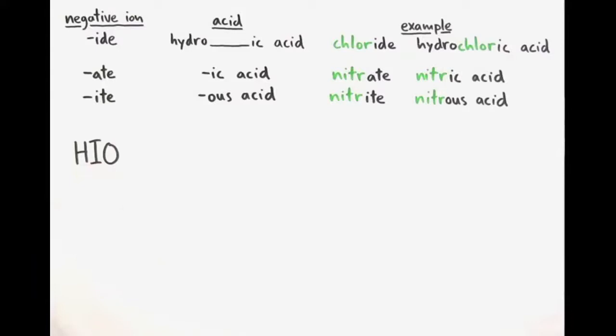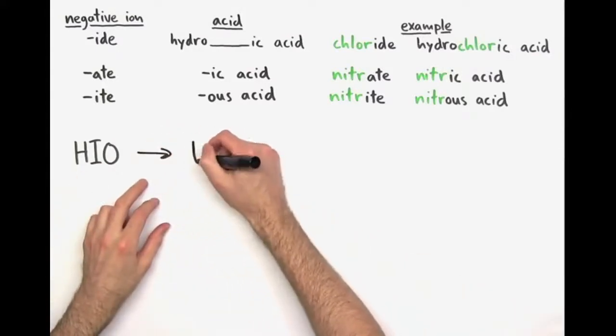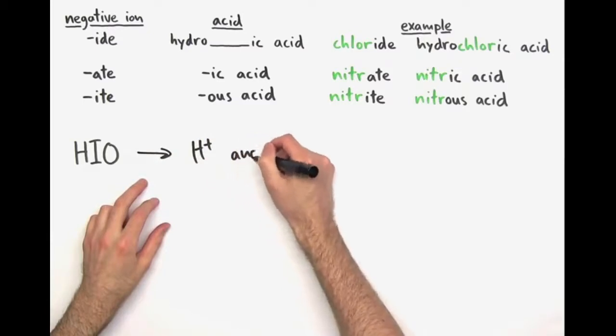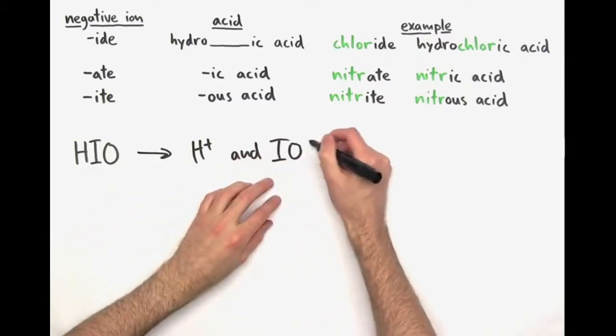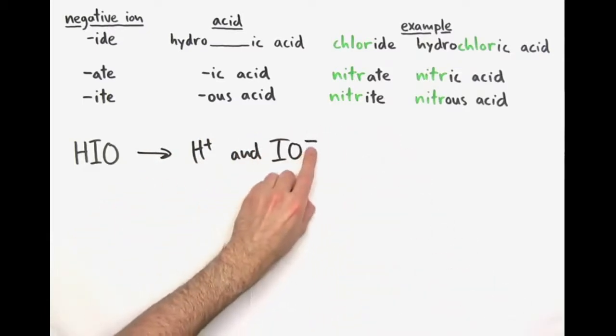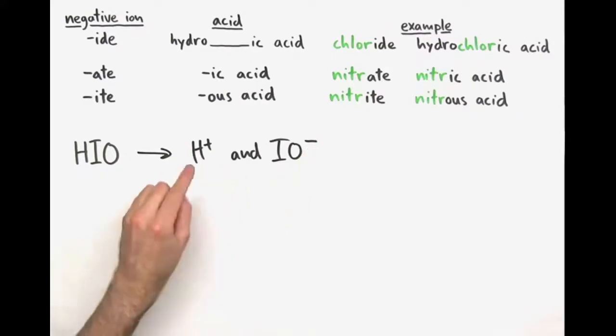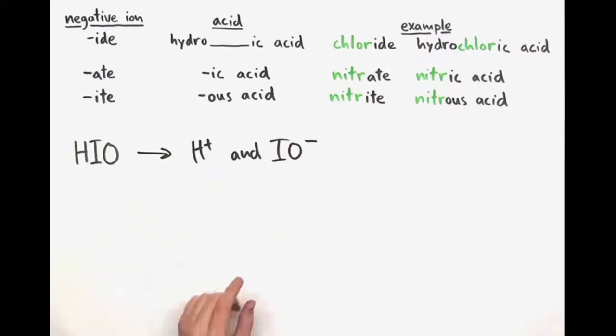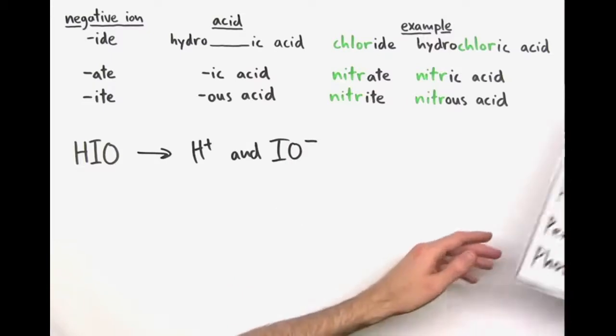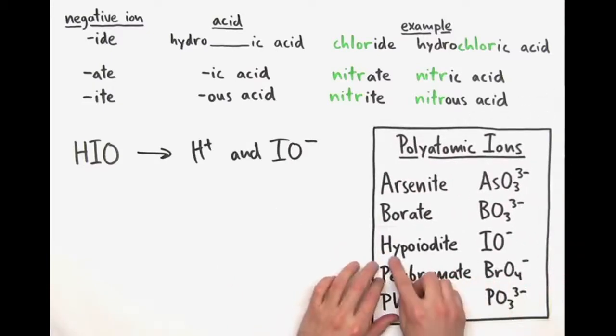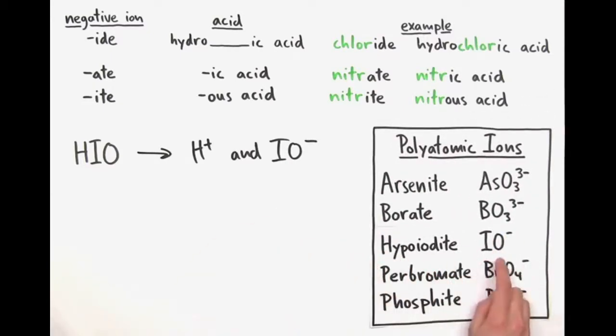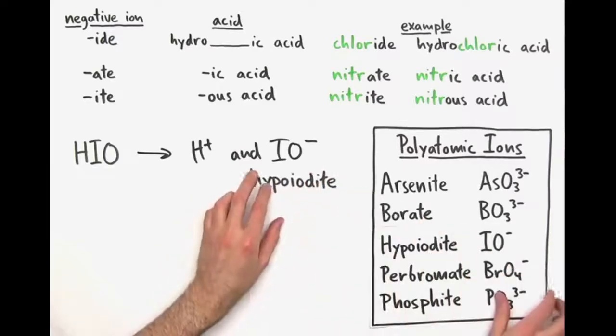HIO. Hi-O. All right, we'll break this apart into H plus and IO 1 minus. It's IO 1 minus to balance out the 1 plus charge on the H. What is the name of this polyatomic ion here? We got to name it. It is IO 1 minus, hypoiodite.